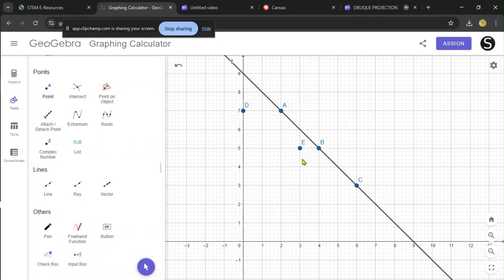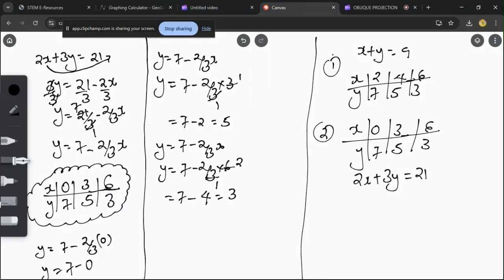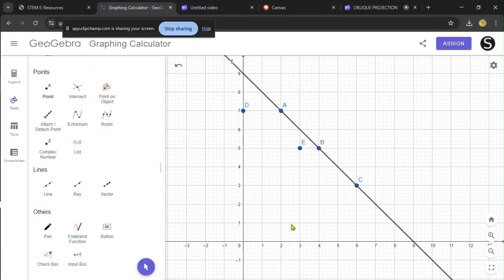Exactly, big, accurate, good. And the last one, when x is 6, y is 3. The same point.